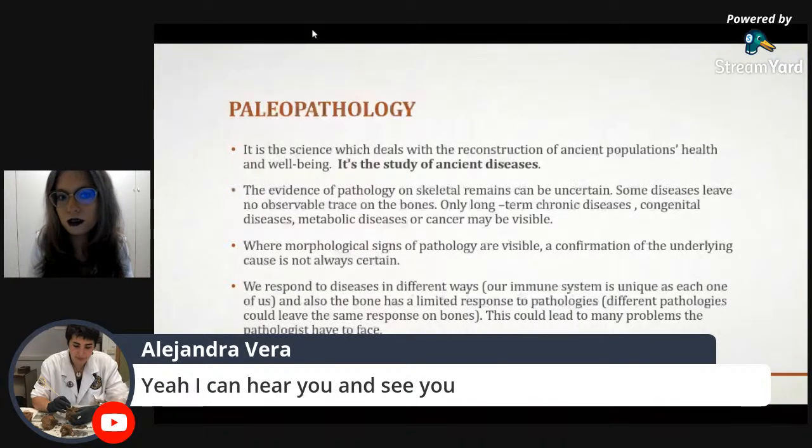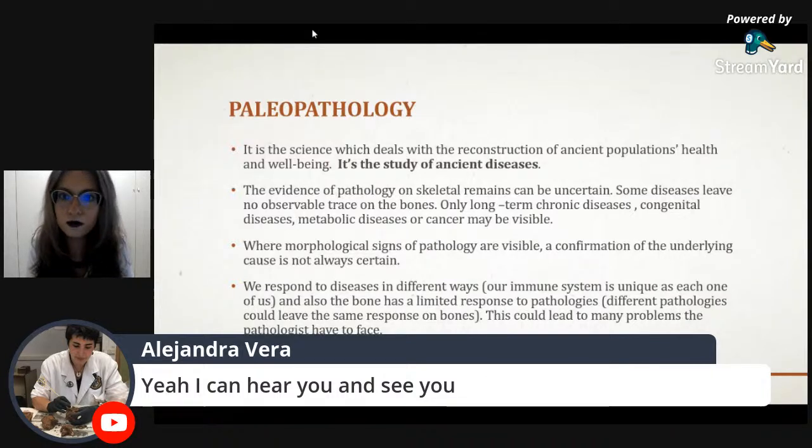A confirmation of its cause is not always certain, because we are individuals and such a unique creation, we have a very different immune system from one another. So our immune system reacts differently to many illnesses, to many diseases.